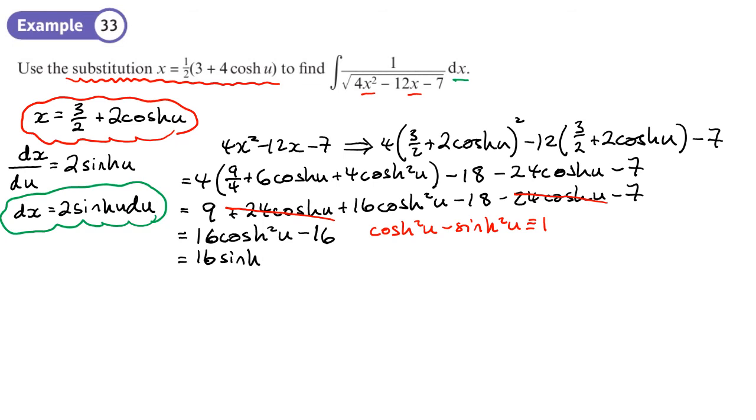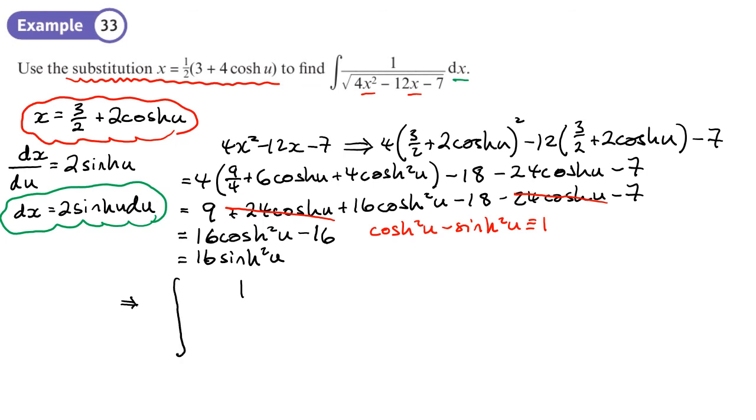That's much nicer to put underneath the square root because that's going to be easy to square root, isn't it? Rather than trying to square root 16 cosh squared u minus 16. Which I suppose we could do using the difference of 2 squares, but no, don't even want to go there. Always looking for the easy route.